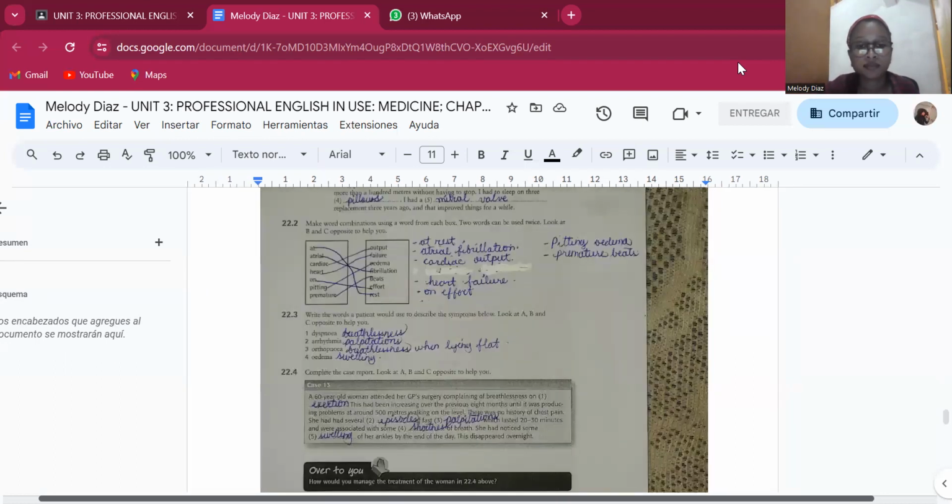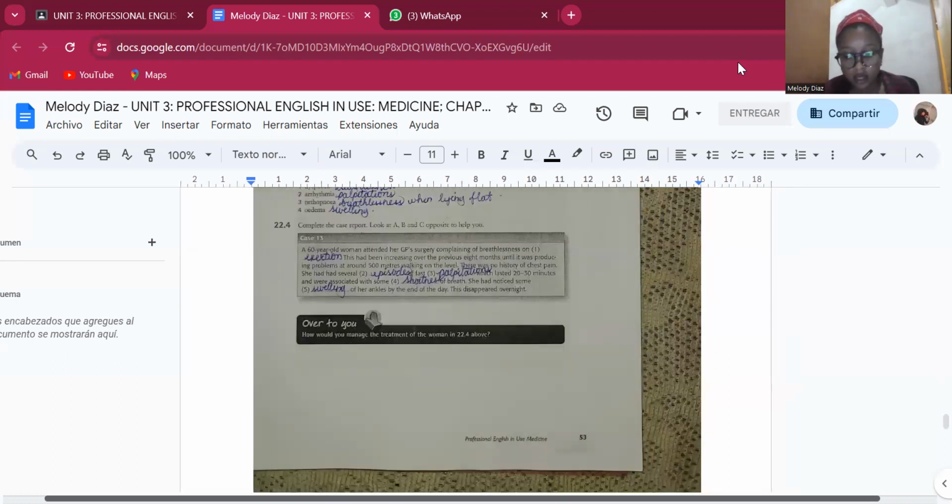Complete the case report. Look at A, B, and C opposite to help you. Case 13. A 60-year-old woman attended her GP's surgery complaining of breathlessness on exertion.